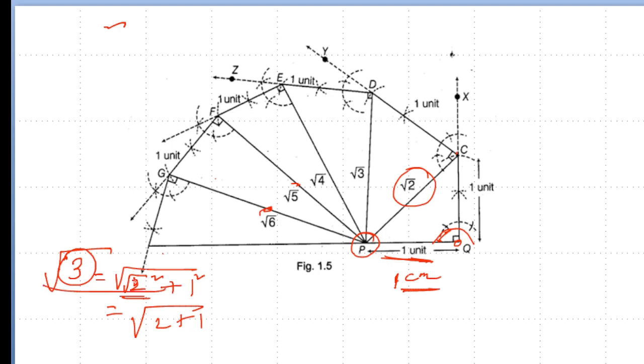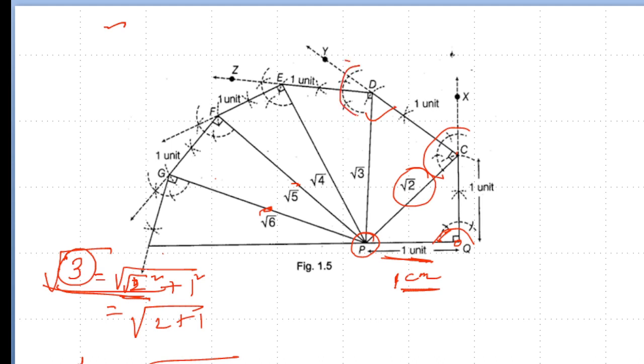This is the Pythagoras theorem: hypotenuse equals the square root of p squared plus b squared. Based on this, root 3 equals the square root of root 2 squared plus 1 squared. So based on this we again make another 90 degree angle here. So this came as our root 3.